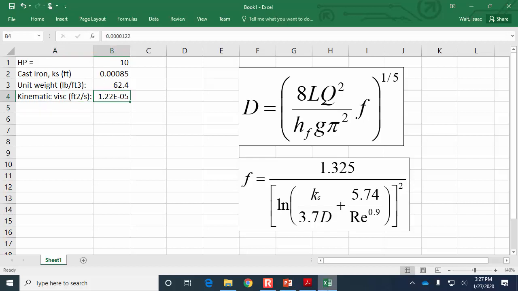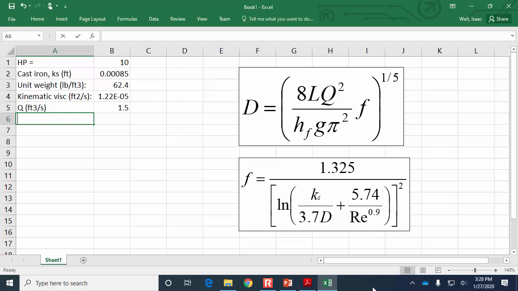And it understands that as scientific notation. And our flow rate Q in terms of cubic feet per second. The problem statement says we want to achieve 1.5 cubic feet per second. All right.